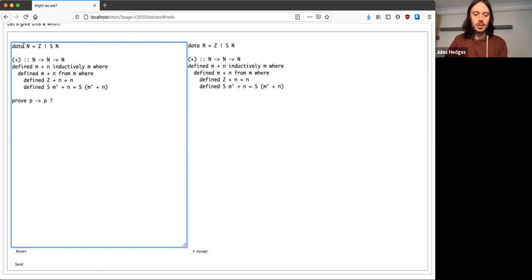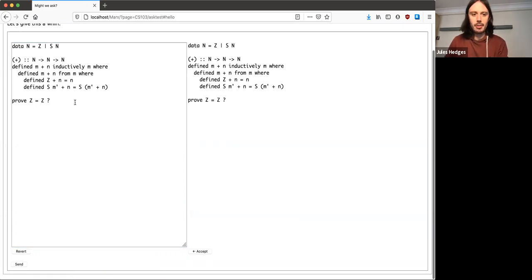This is the natural numbers. So a natural number is either 0 or the successor of a natural number. I can now write, for example, prove 0 equals 0. So this is now asking me to prove that two pieces of data are equal to each other, namely that 0 equals itself. And because we have a new way of asking questions, we also have correspondingly a new way of answering the question.